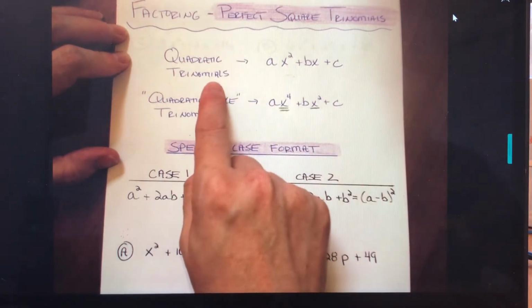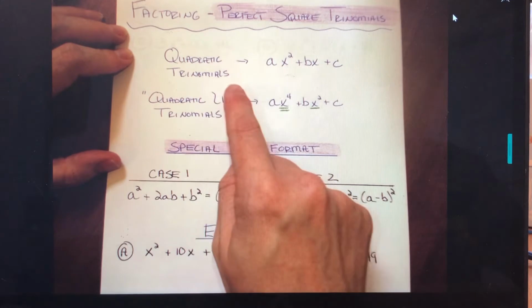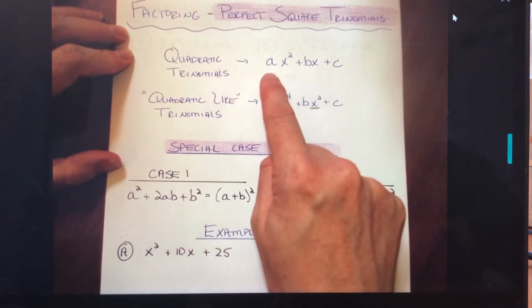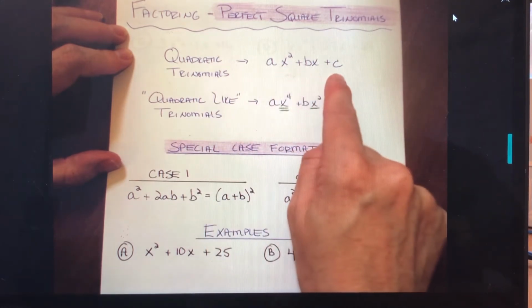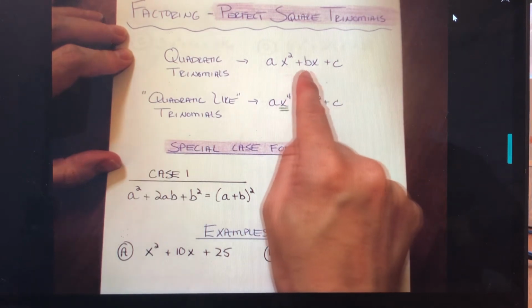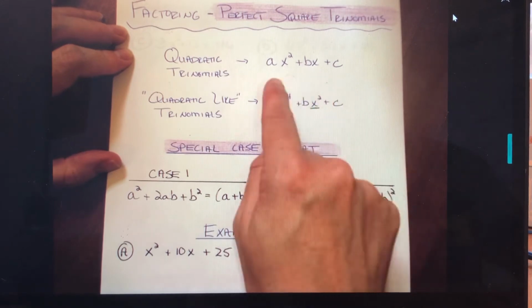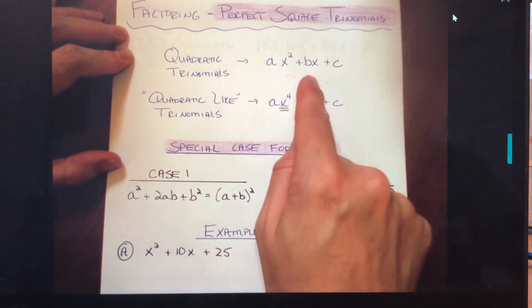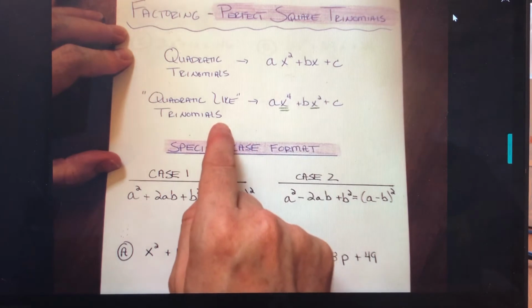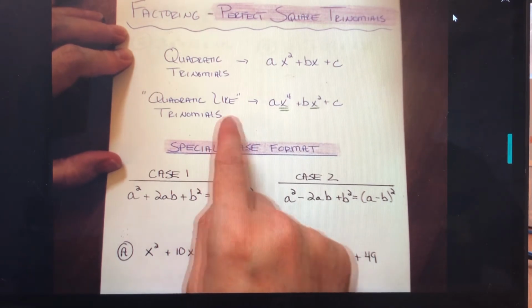So a quadratic trinomial is something that most individuals are perhaps more familiar with, something that looks like ax squared plus bx plus c, where a, b, and c are coefficients and the variable is x. You can have a perfect square trinomial that doesn't follow the format of a quadratic, but maybe looks more quadratic-like.